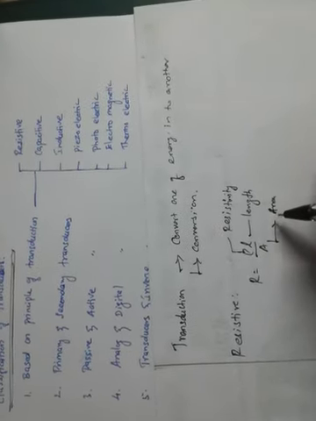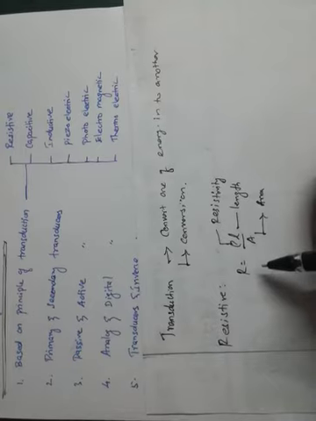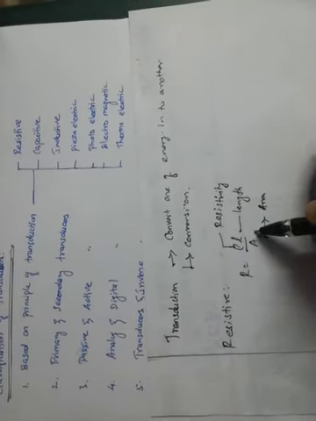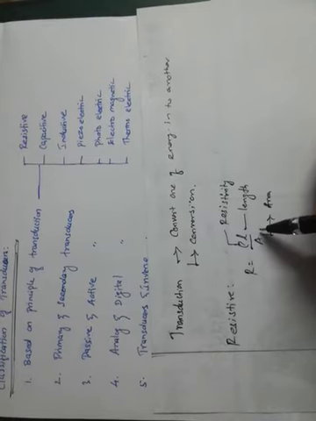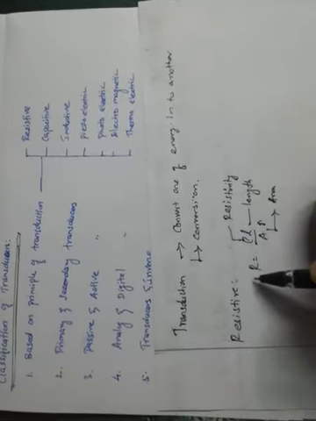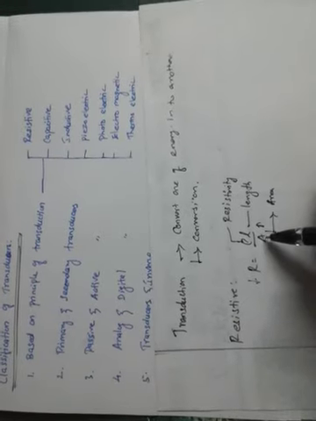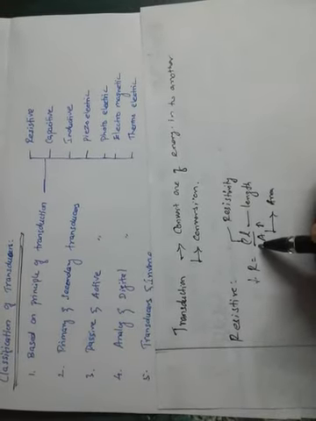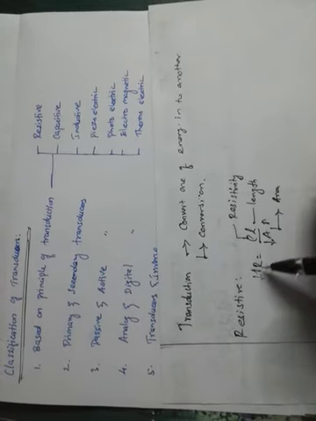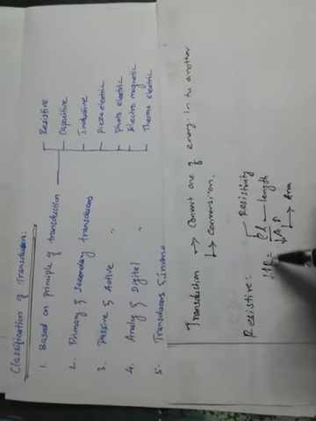If you change any one parameter, the resistance value automatically changes. If you increase the area, the resistance decreases, because it is inversely proportional.